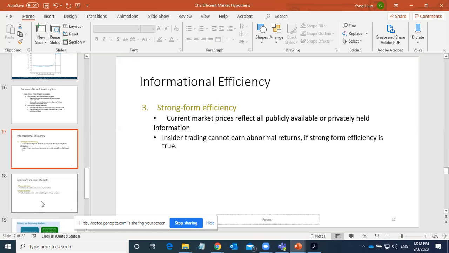If you do have private information, you can make more money. I have a lot of cases, you can Google or search about insider trading. If you do that, you will be put in jail. Do not do insider trading.